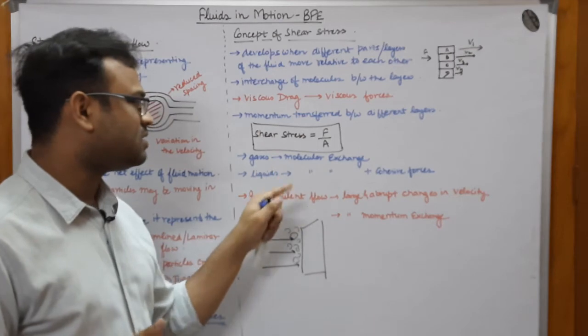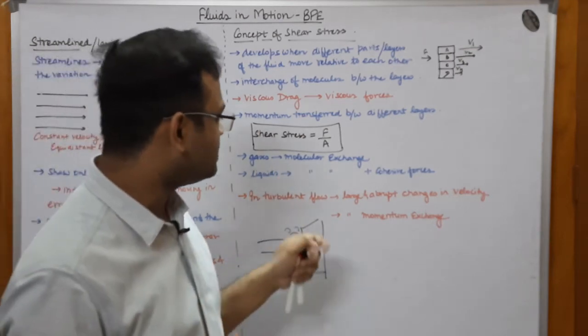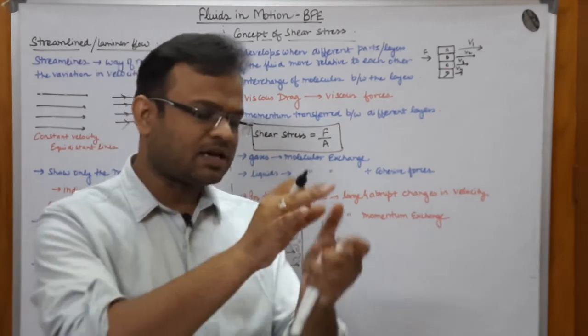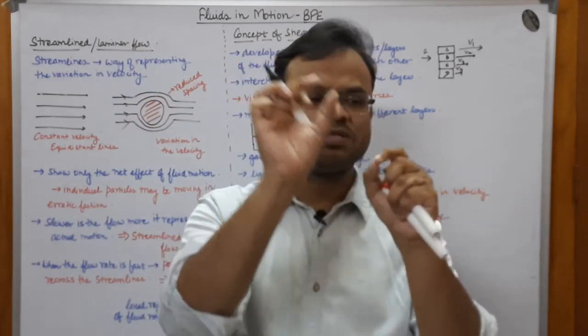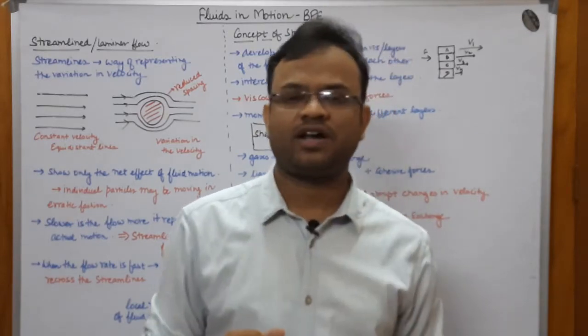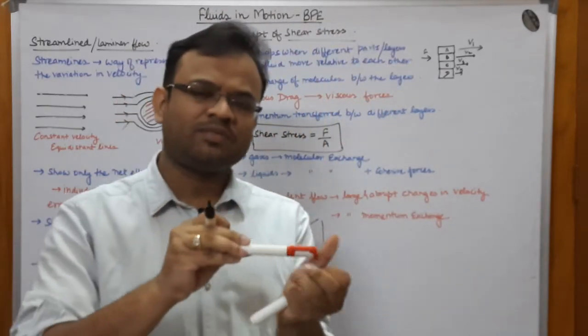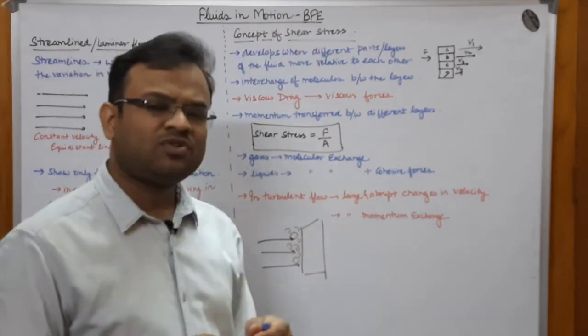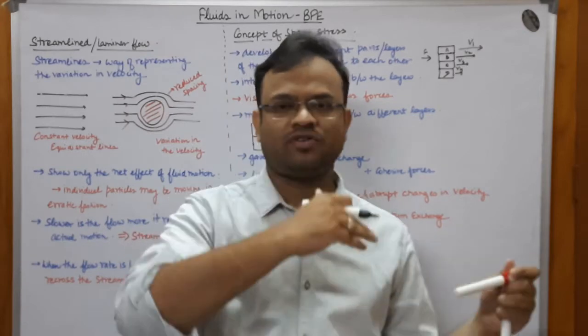In case of gases, the molecules are far apart, so they are not in very much contact with each other. So molecular exchange would only result in the dragging of gases backward.